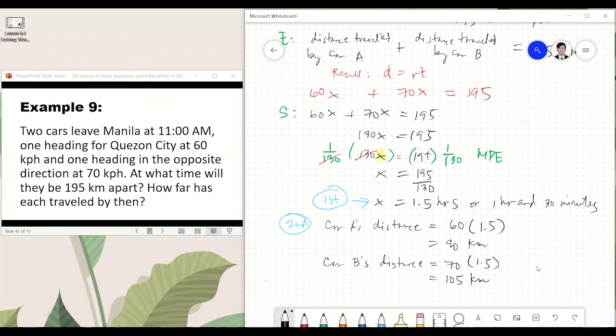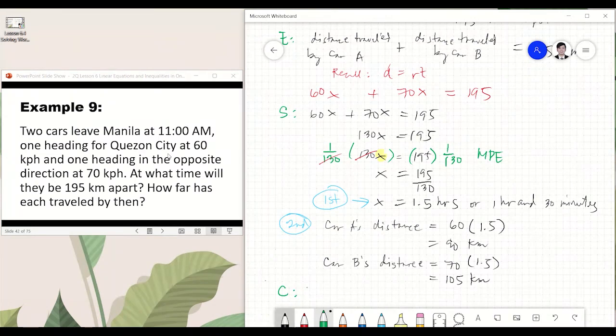So, we're now about to double check if our work is correct. Okay, so, sinabi ng ating problem, they're supposed to be 195 kilometers apart by 12:30 p.m., kasi 11 a.m. sila, di ba, nag-depart.